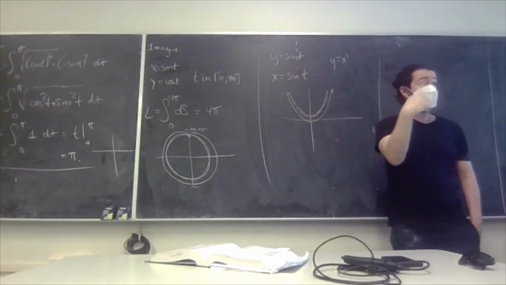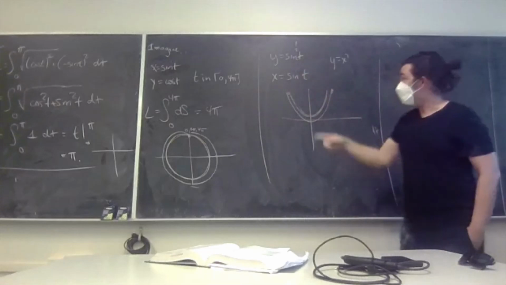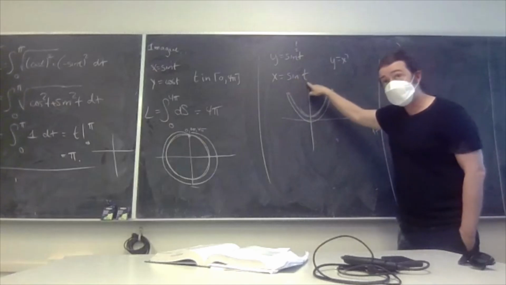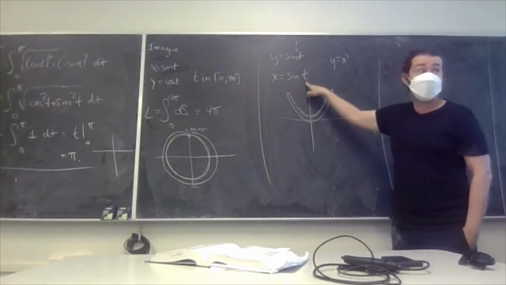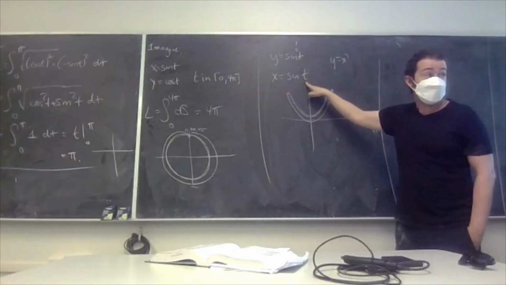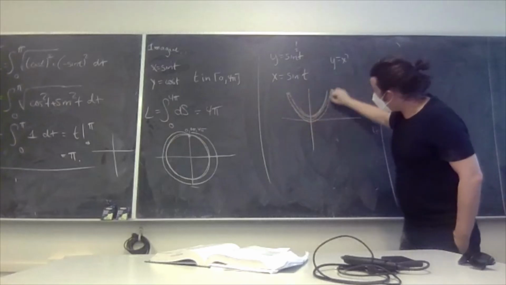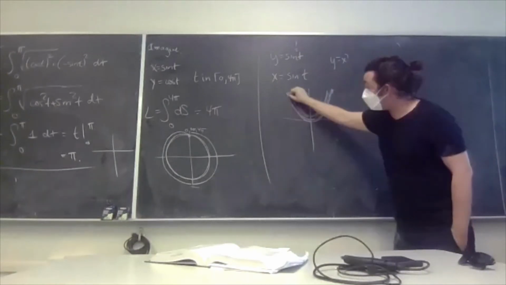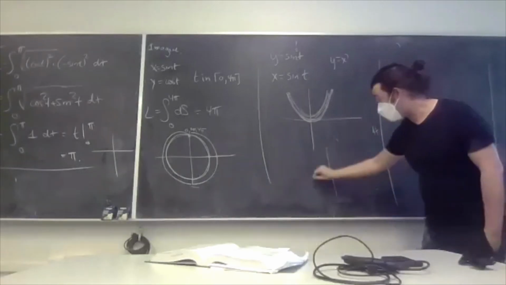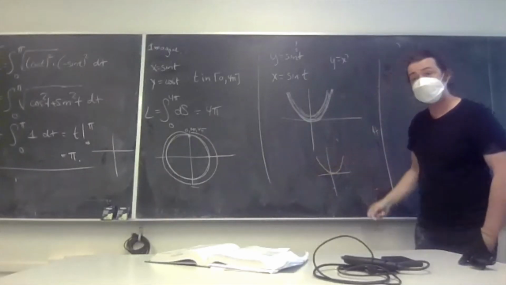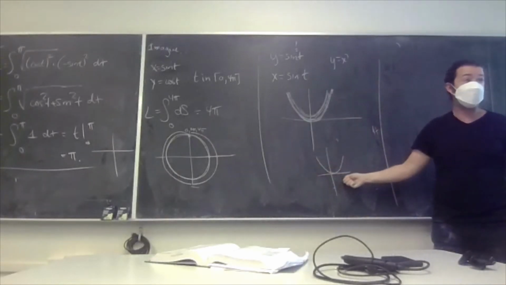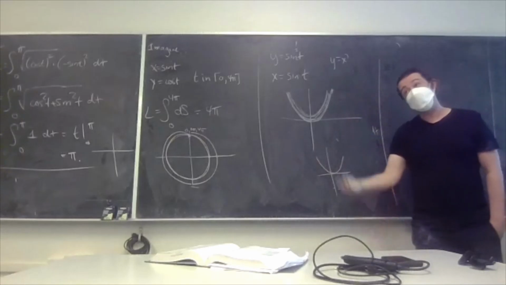Because sine repeats itself every 2 pi, right? As t goes from 0 to 2 pi, sine bounces back and forth between -1 and 1. But that means you're traveling along this parabola over and over again. And if you just want to know how long that chunk of the parabola is, you have to account for the fact the particle is repeating itself. So yes, obnoxious, but important.